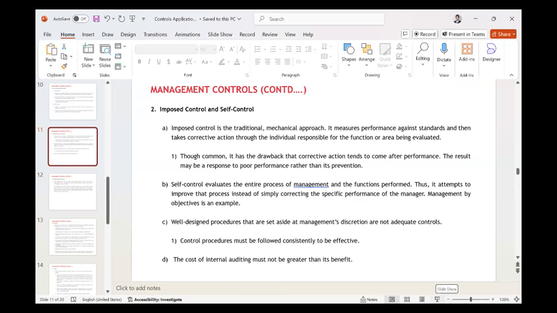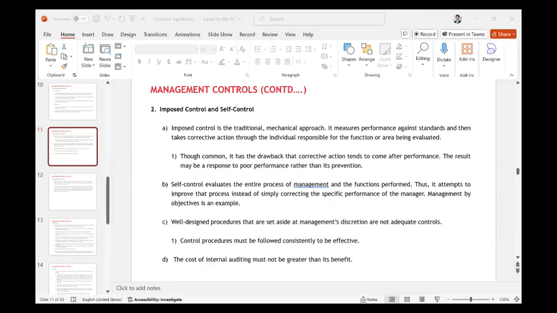Self-control is a situation where you control yourself, right? Where there is self-restraint. You can't control everything, no? That's where you have a code of ethics and you control yourself. You restrain yourself, rather than being controlled from outside.